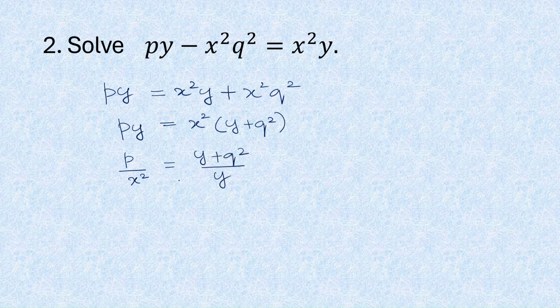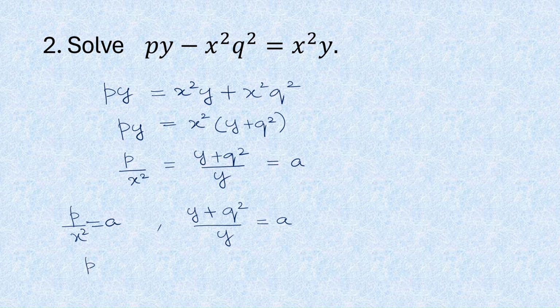So take this x square to the left side. Again take this y variable to the right side as y plus q square divided by y. Now if we see, the given equation has been separated, having p and x on one side, q and y on the other side. So now this can be taken as some arbitrary constant a. Now equating it separately, p by x square can be equated to a. In a similar way, y plus q square divided by y can be considered as a.